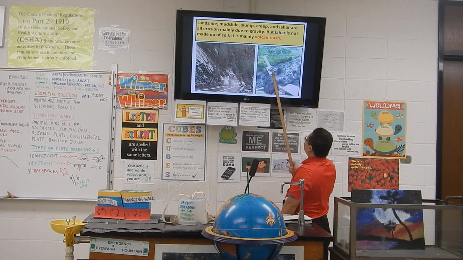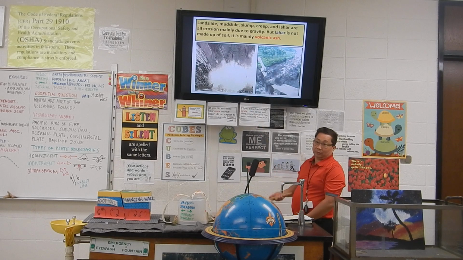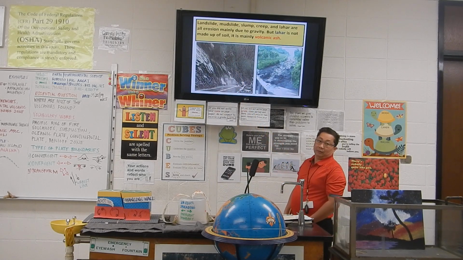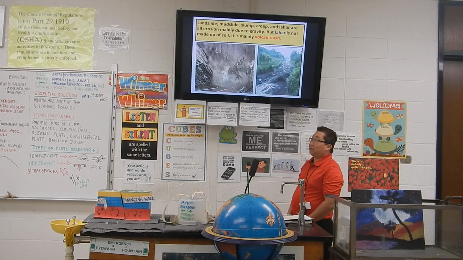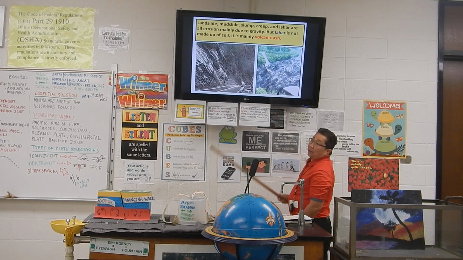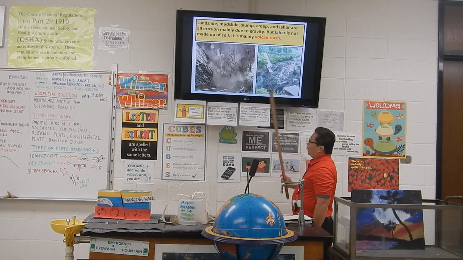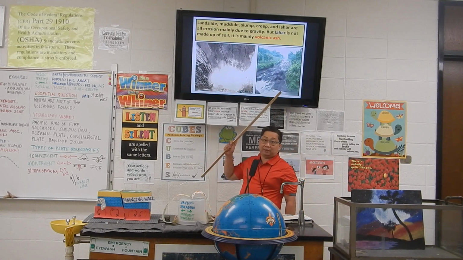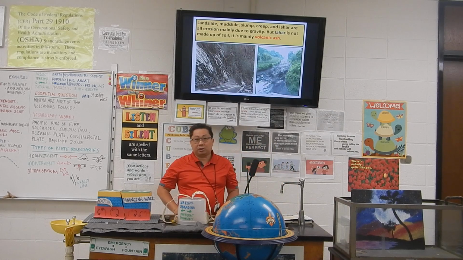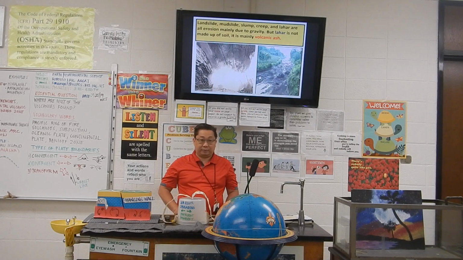But the difference between the two is that lahar is the result of volcanic eruption, while this is mostly land and rocks moving due to gravity. But of course, just like what I said, both of them are in motion because of gravity, but the materials that make up the lahar are mainly due to volcanic eruption.